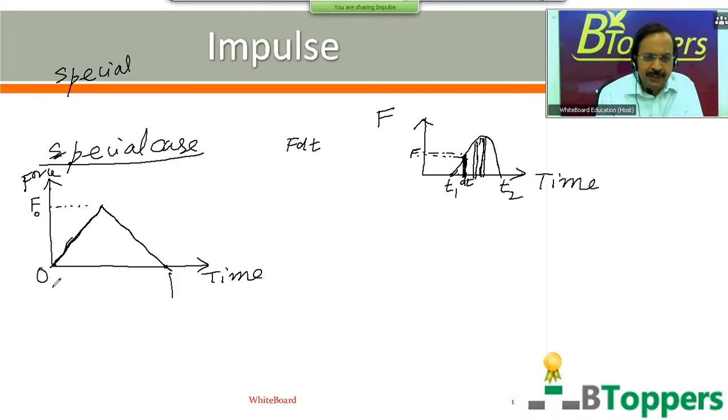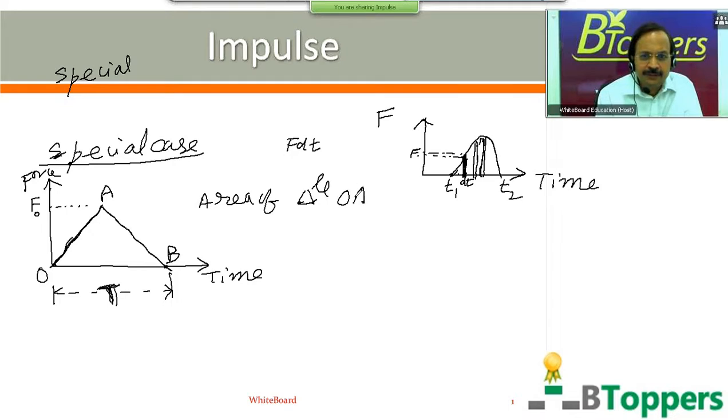That capital T denotes the total time during which the force acts, that means the time interval during which the impulsive force acts on the body. So the area of triangle OAB gives you the impulse given to the body for this time interval capital T. Area of triangle OAB equals half into base into height.